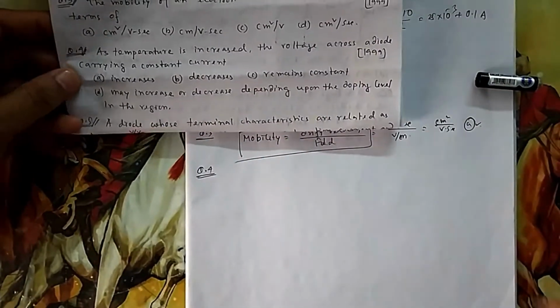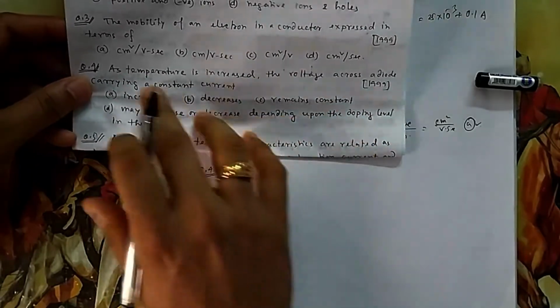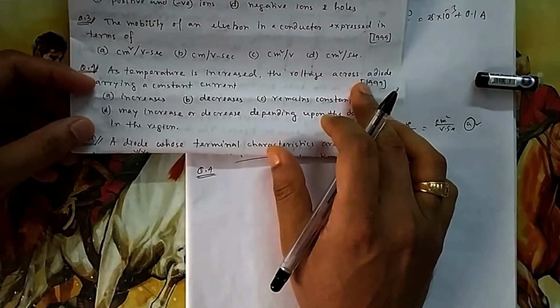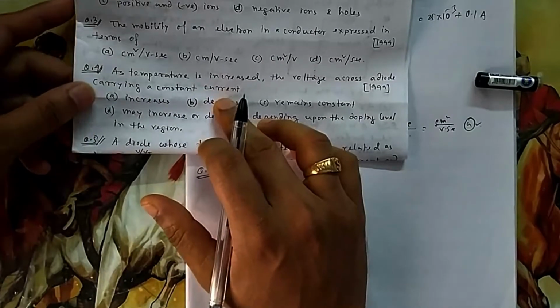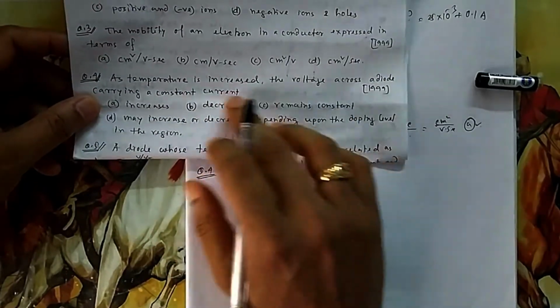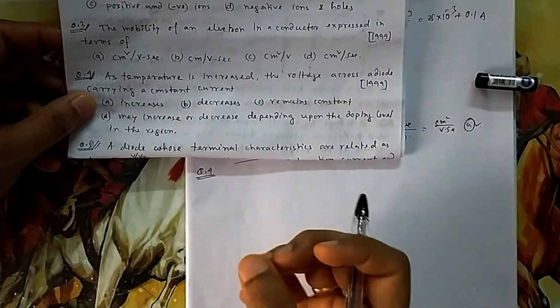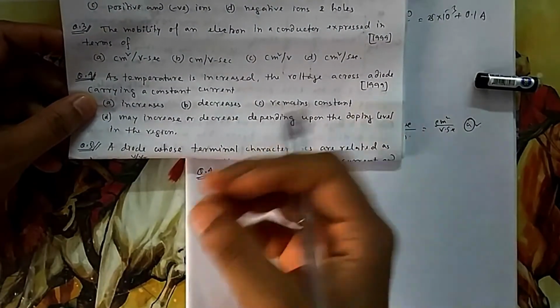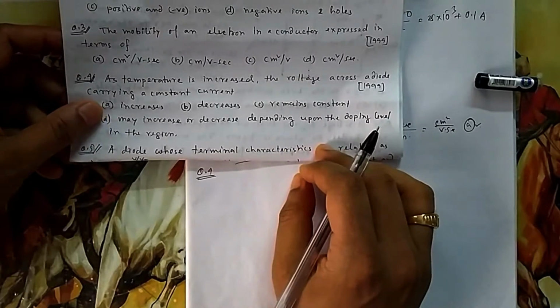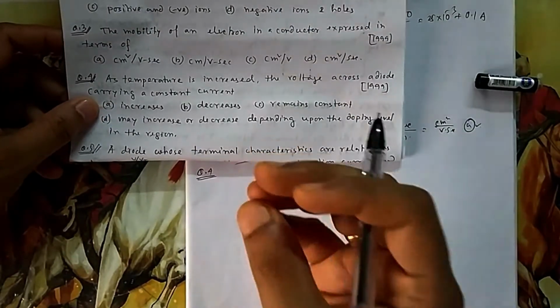As the temperature is increased, the voltage across a diode carrying a constant current increases or decreases? Now you know as the temperature is increased, electron mobility will increase, the electrons will get more energy and their velocity will increase, which will decrease the resistance.